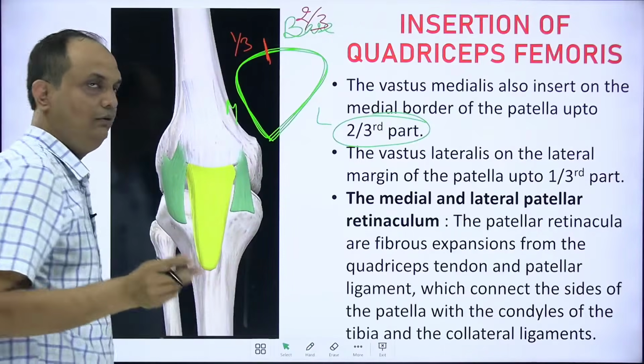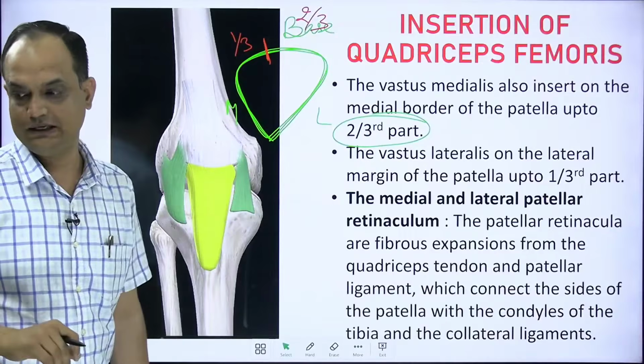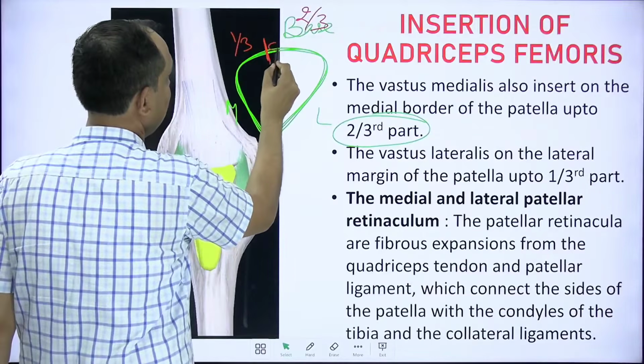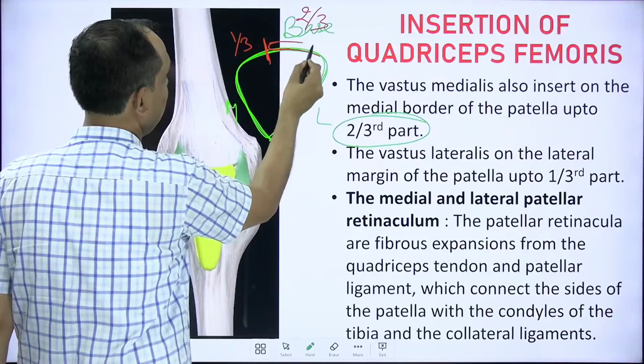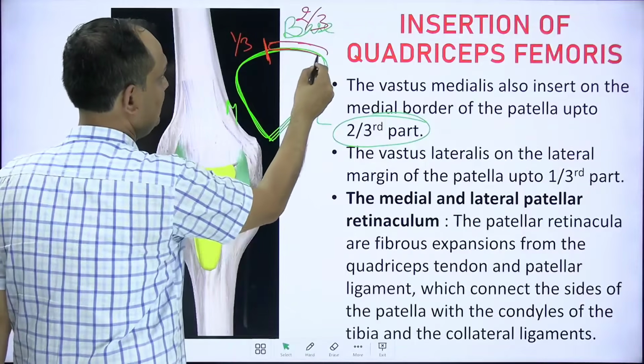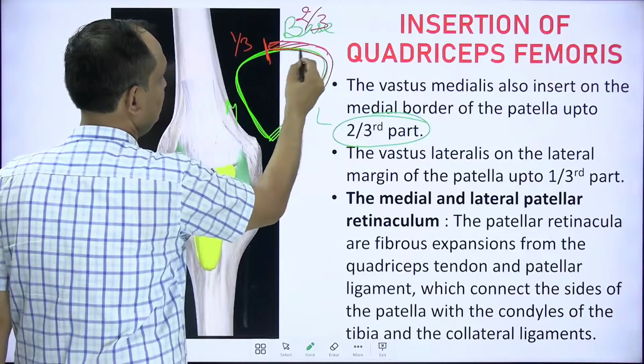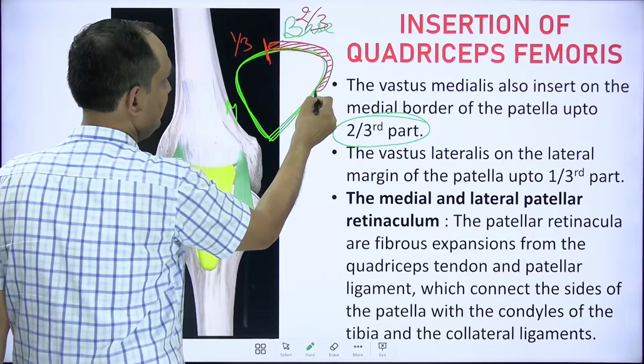Clear? Now, when you see the insertion of the vastus lateralis, you will realize that the vastus lateralis is attached on the lateral 2/3 of the base and the upper 1/3 of the lateral border. So, this is the attachment of vastus lateralis.